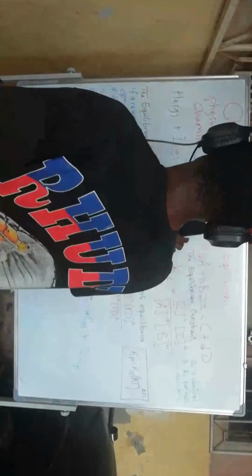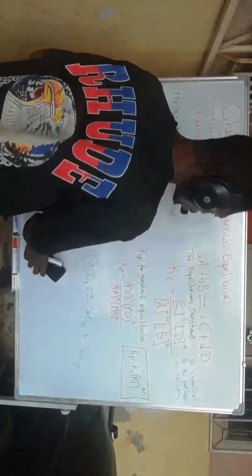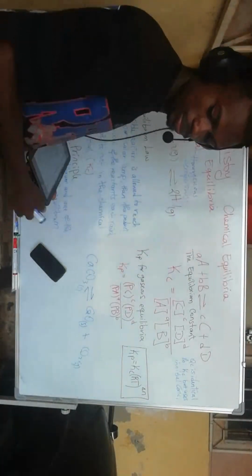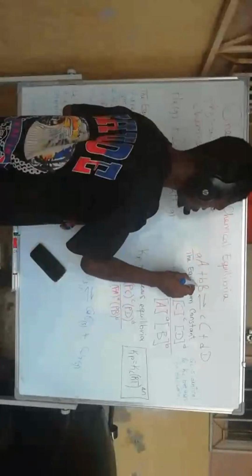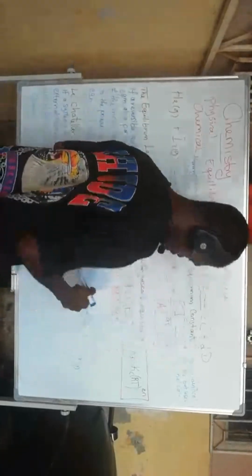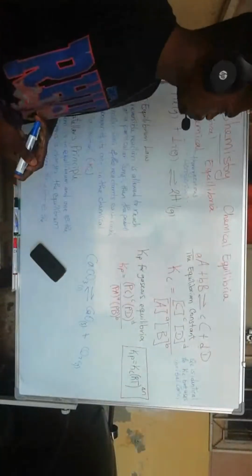Now let's talk about the equilibrium constant. We are considering the equation A plus B giving us C and Z. But now, in consideration of this, we also consider the coefficient of each of them in a balanced chemical equation.